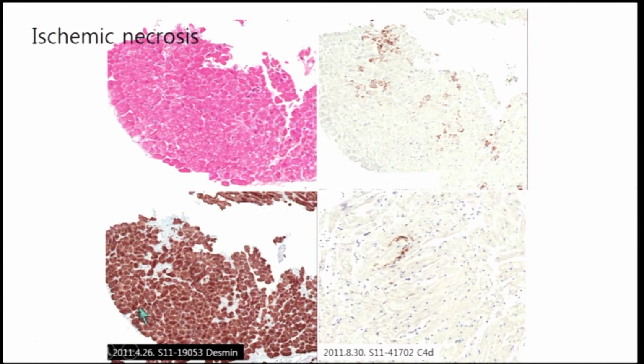By desmin staining, the same slide shows that there is no desmin-positive myocyte in this zone where C4D staining is positive. So desmin and C4D show a negative and positive correlation in this case.